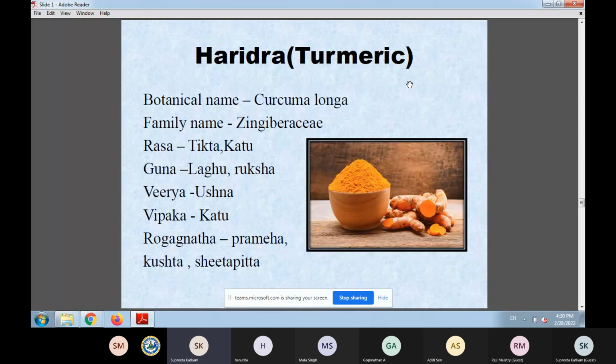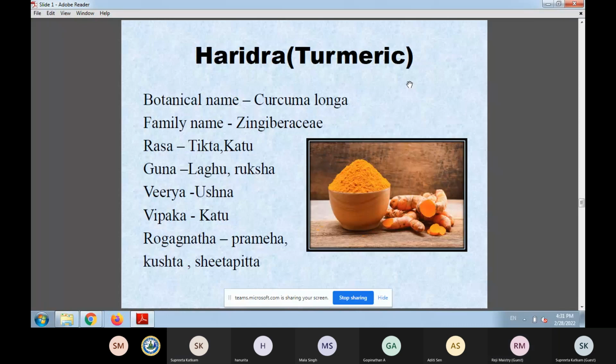Watermelon will also facilitate pitta dosha. Pumpkin seeds can be eaten by people who want to put on weight, who are lean built.